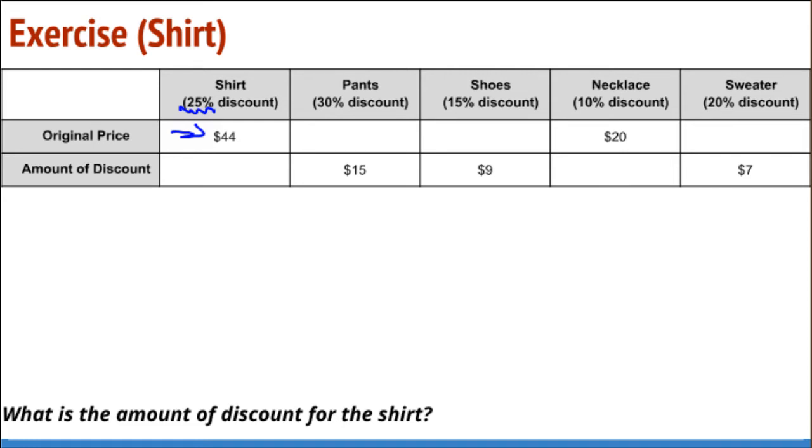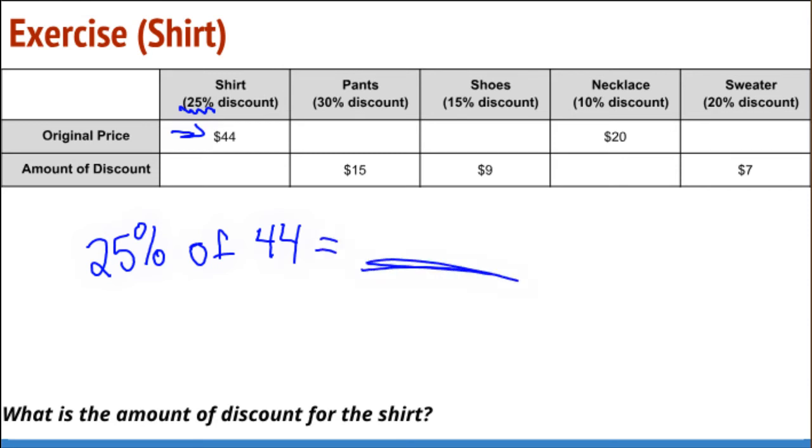So we have a few different strategies we can use. And of course, one of my favorite go-to strategies is to do a double number line, but I'll show you that one second. I'll show you this other one first. So I have 25% of $44 is equal to an amount here.